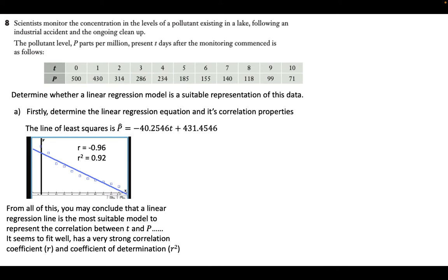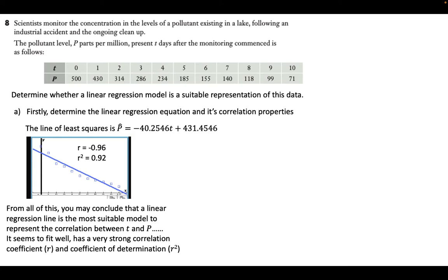You've got a strong coefficient of correlation of negative 0.96, and a very strong coefficient of determination as well, 0.92. So this would be indicating that 92% of the time, when you change the value of t, you get a corresponding change to p that can be described by this equation here. So you could be satisfied almost that that's a very good representation of the data.